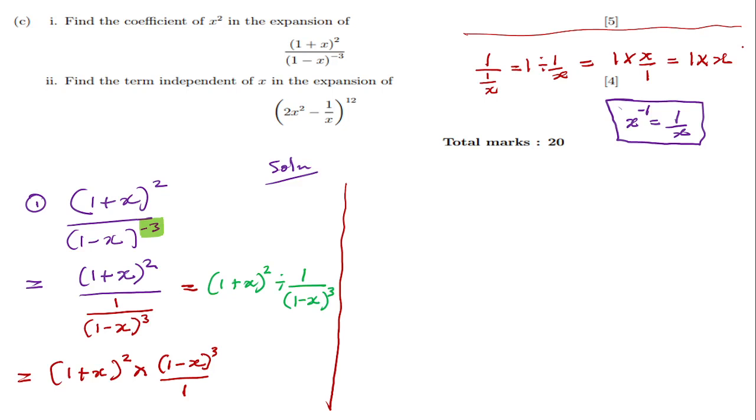So you're going to have (1 + x)^2 multiplied by (1 - x)^3. Now, after you find these, the question is, find the coefficient of x squared. The coefficient of what? X squared.